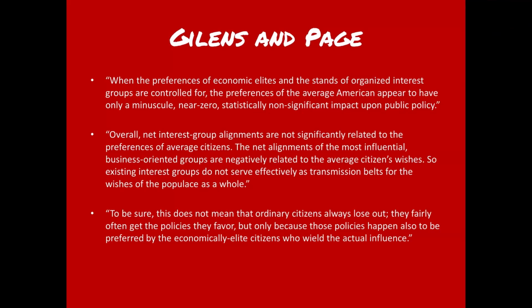The net alignments of the most influential business-oriented groups are negatively related to the average citizens. Existing interest groups do not serve effectively as a transmission belt for the wishes of the population as a whole.